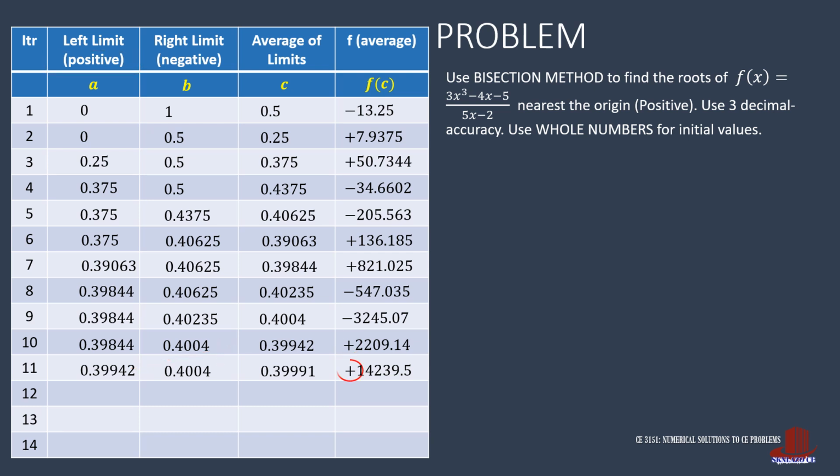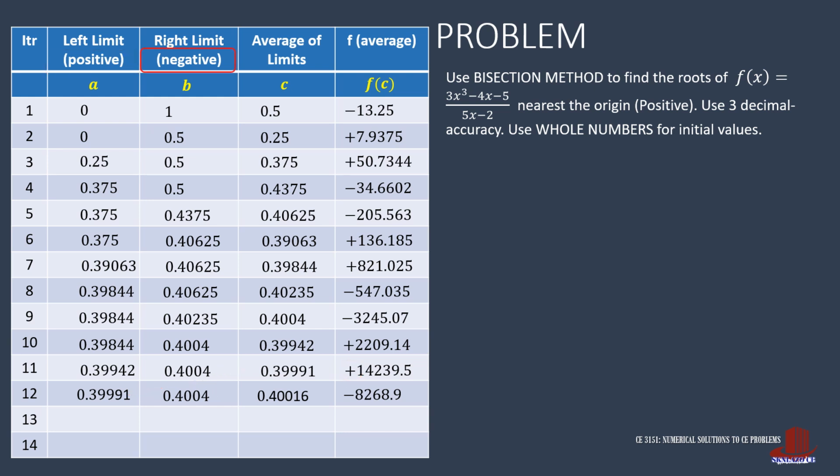Now because of the positive sign of f of c, c replaces a, and b stays at 0.4004. Their average is then taken as 0.40016, and the new function of c is negative 8,268.9. You can see that a and b are getting closer to each other.